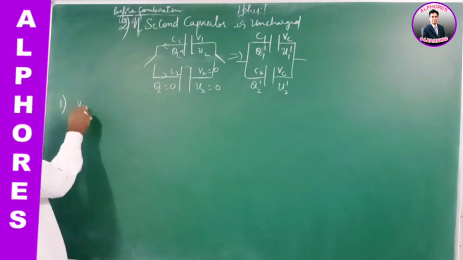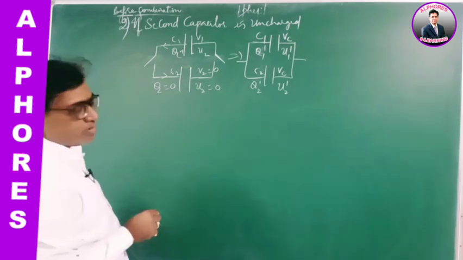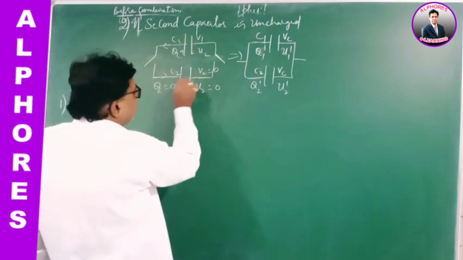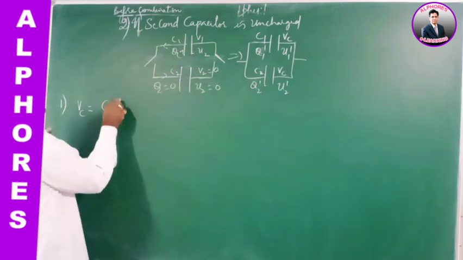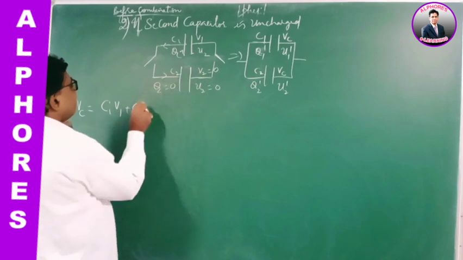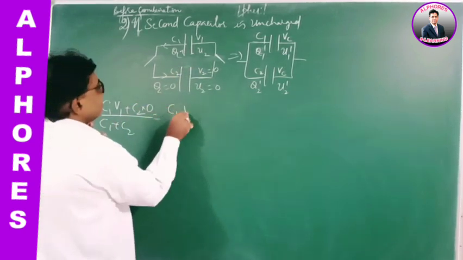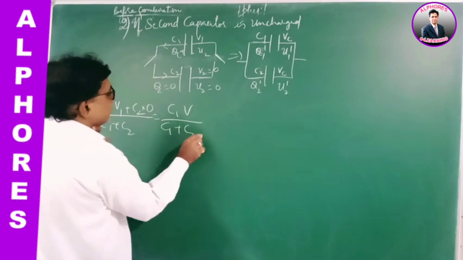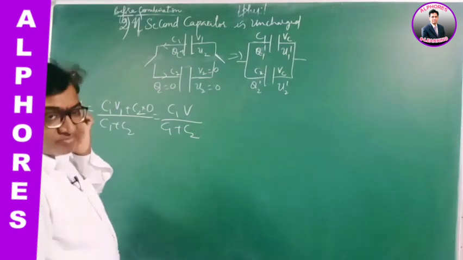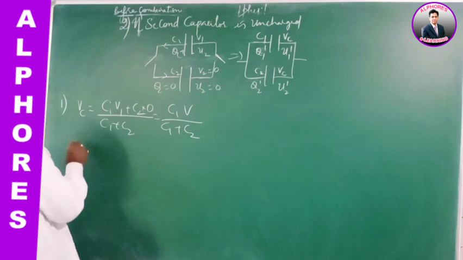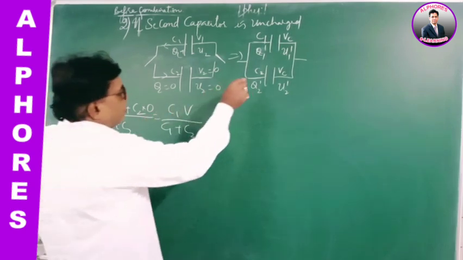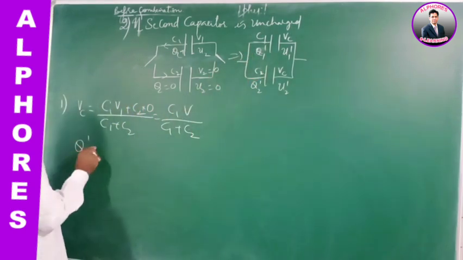We know the formula for common potential is (C1 V1 + C2 V2) by (C1 + C2). Since V2 is 0, it is C1 V1 by C1 + C2. This is the common potential. Now, what is the charge remaining on the first capacitor?